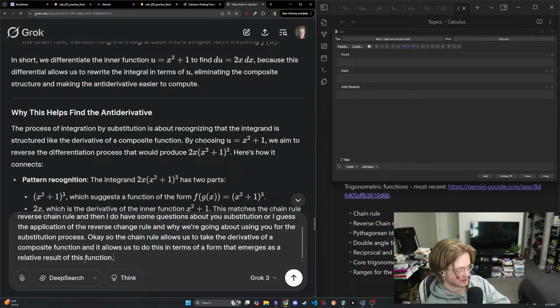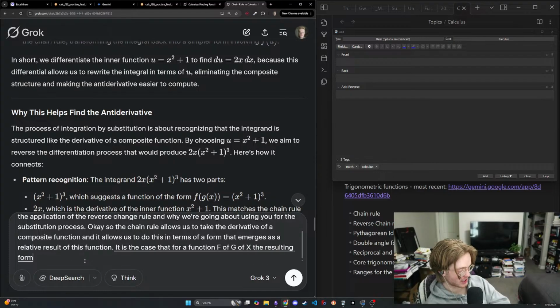It is the case that for a function f of g of x, the resulting form that's generated through using the chain rule is f prime of g of x multiplied by g prime of x.